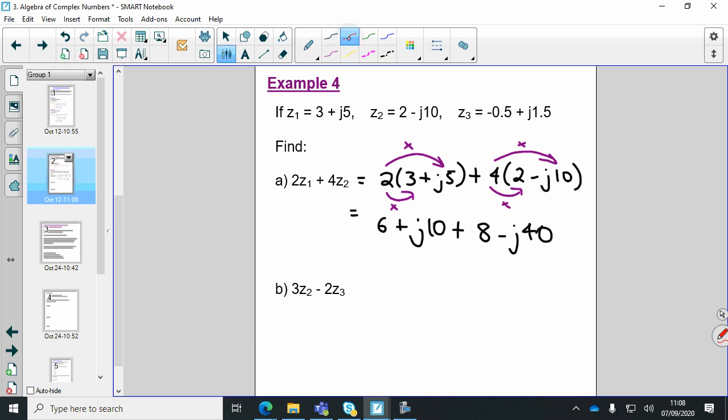And then remember to collect the like terms. So that's the real parts, that's the imaginary parts. So 6 plus 8 is 14, and then plus J10 minus J40 leaves me a total of minus J30. That's your real part, that's your imaginary part.